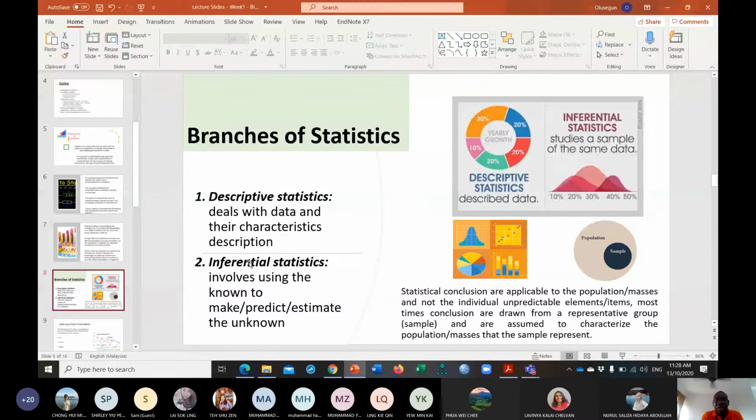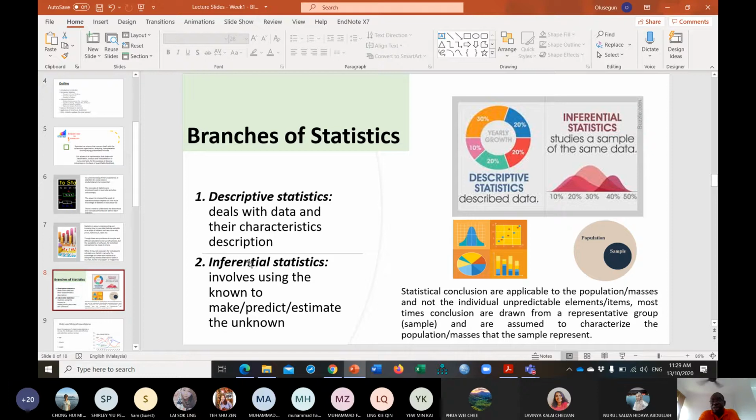What is the average? How dispersed are the data or the variables from their averages? Then under inferential statistics, we are going to be predicting the unknown from the known. You use what you have known to predict what you don't know.